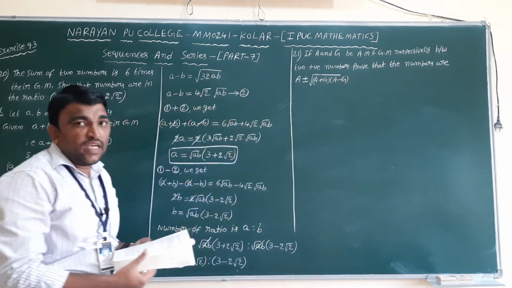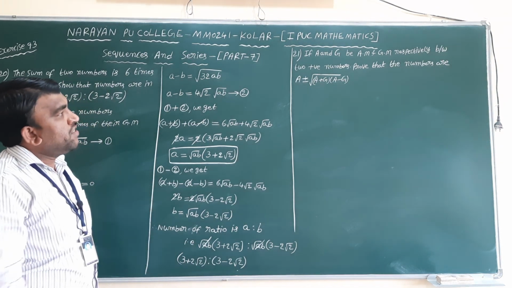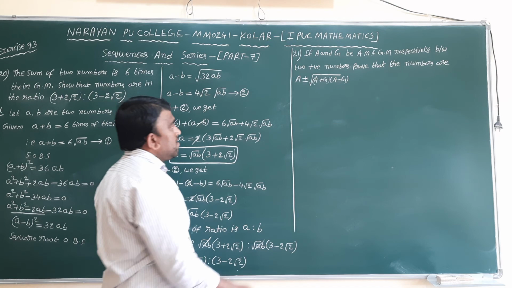So if capital A and capital G are the arithmetic mean and geometric mean of two numbers, then prove that the numbers are A plus or minus that expression.